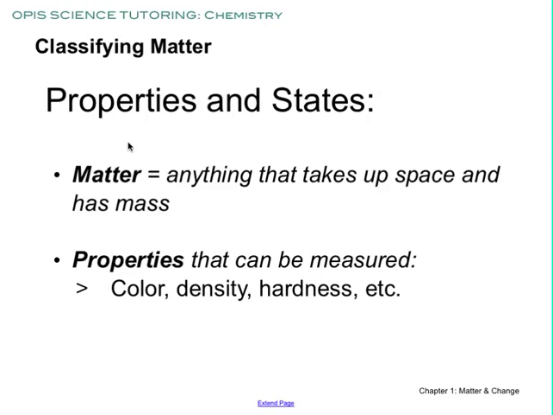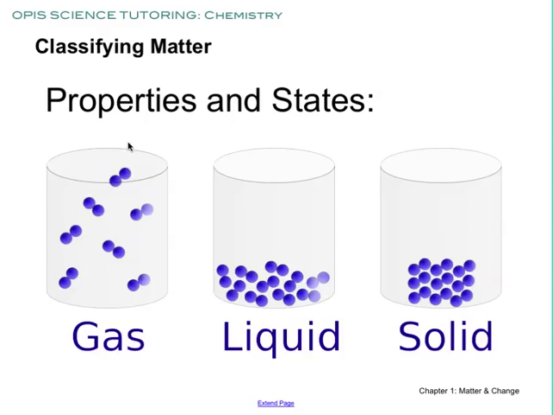As we continue through our discussion of chemistry, we'll see that that's actually not only a very useful definition, but it's one that is important in many different ways. It's very general, though, and so to identify different kinds of matter, we need to be able to distinguish them. And to distinguish them one from another, there are certain things we can measure, and those are the properties such as color, density, hardness, things like that.